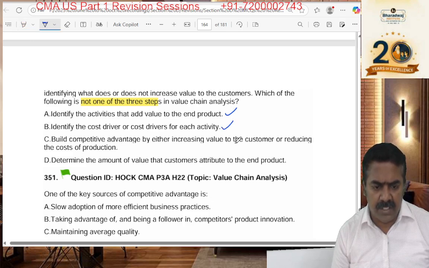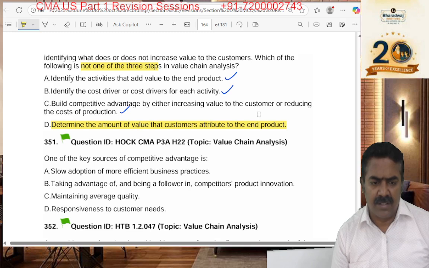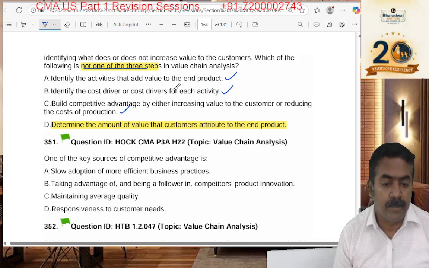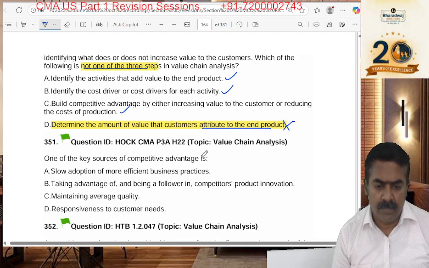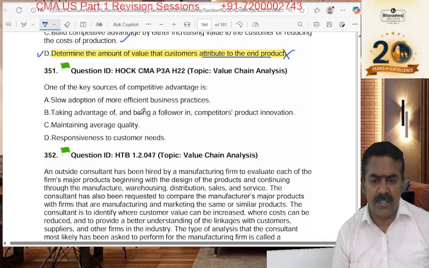Build a competitive advantage either by increasing value to customer or reducing the cost of production, correct. Determine the amount of value that is attributable to the end product. No, that is not one of the 3 steps. Customer attribute. So D is the answer, which is not one of the three steps.